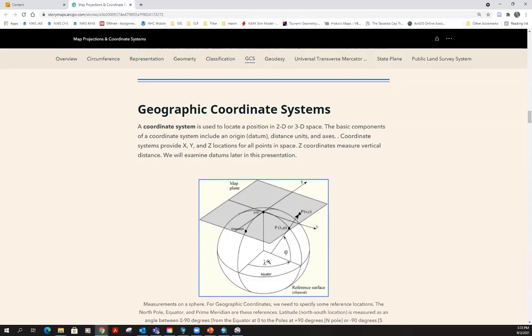The north and south poles are 90 degrees north and 90 degrees south, and the equator is 0 degrees north or south. You may see those represented as pluses and minuses; we'll talk about that a little bit later. And then longitude is measured east in a positive sense, east of the prime meridian, all the way to 180 degrees.